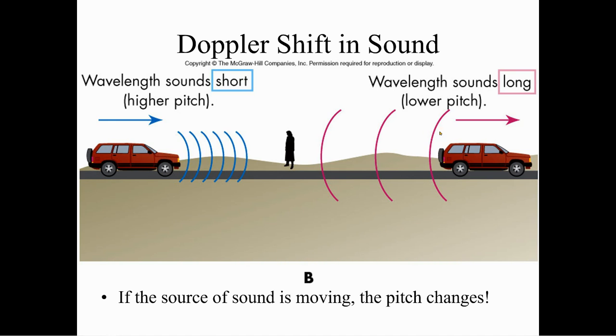As it goes past you, they lengthen and start to drop away. That's why if you watch racing or hear an ambulance coming towards you, the sound changes. It's lower pitched because the waves are spread farther apart.